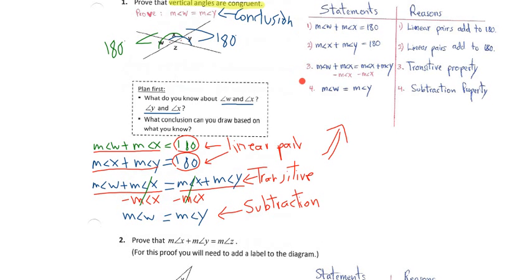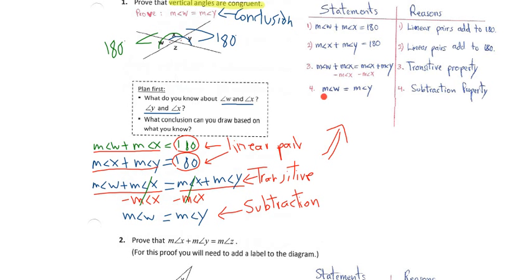And then in step number 3, I have the two equations combined into one. So measure of angle W plus measure of angle X is equal to measure of angle X plus measure of angle Y. And that is because we're using the transitive property to combine these two equations into one. And then I show the subtraction here, which you really don't need to do.